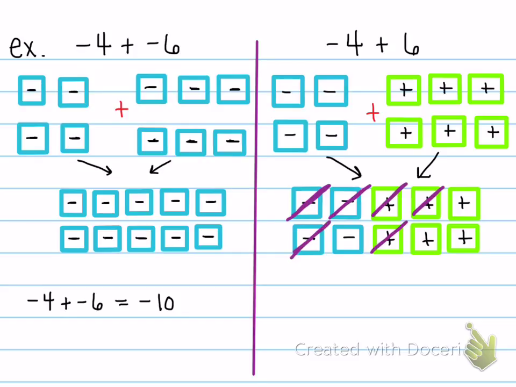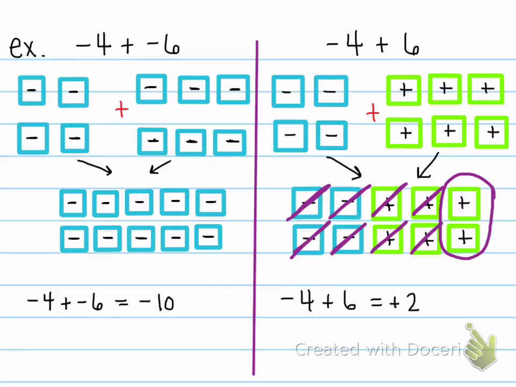This -1 cancels out this positive one. And this -1 cancels out that positive one. So what I have left is 2 positives. So -4 plus +6 equals +2. Now you don't have to write the positive sign, but you see that it equals 2.